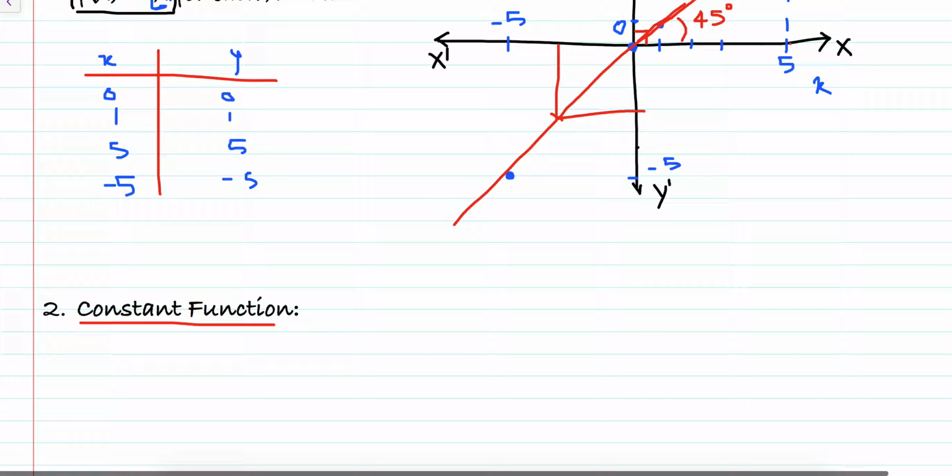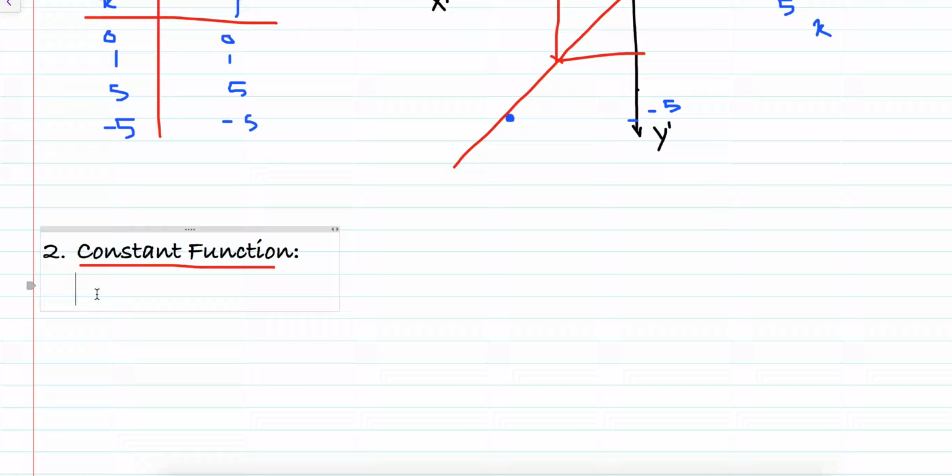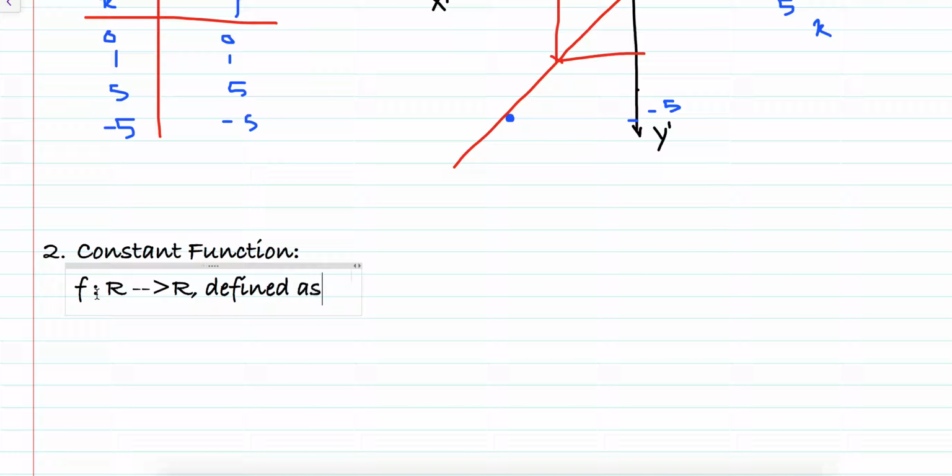So let me first write the definition for this. So this is again from R to R, and it's defined as f(x) equal to some constant c, where c is constant.